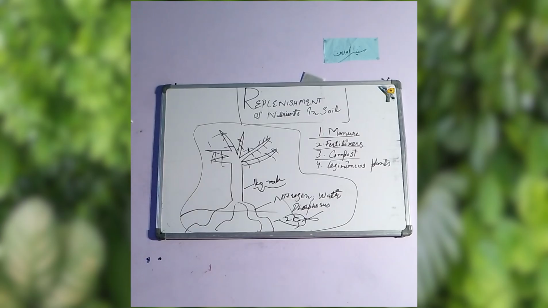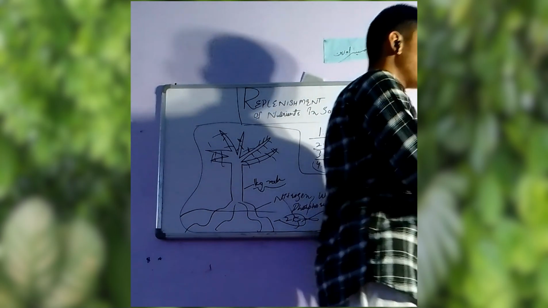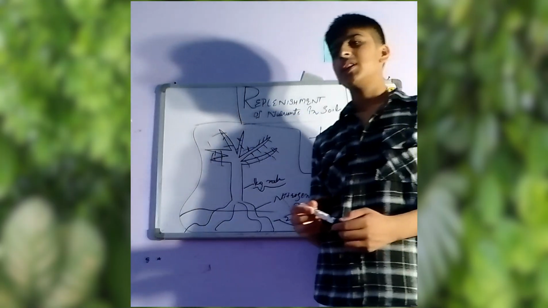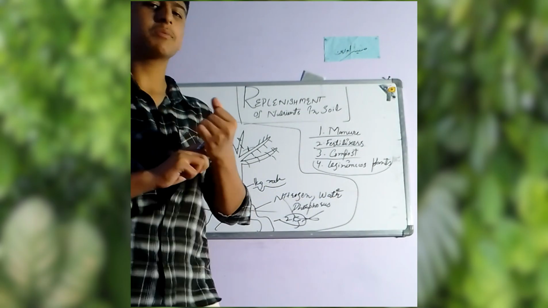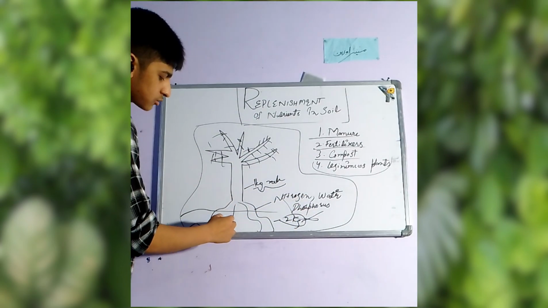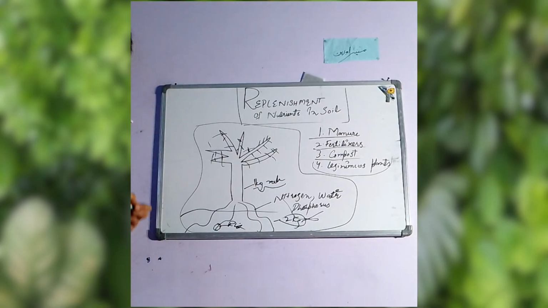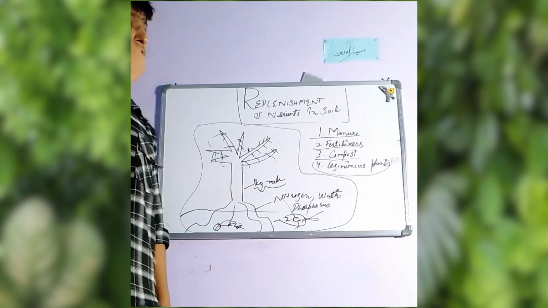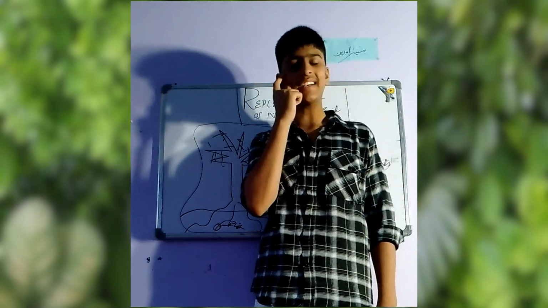And the last, for poor farmers, is growing leguminous plants in the soil. What are leguminous plants? I have told you that they are plants containing root nodules in which rhizobia are present. What is the function of the rhizobia? To convert nitrogen into nitrates.